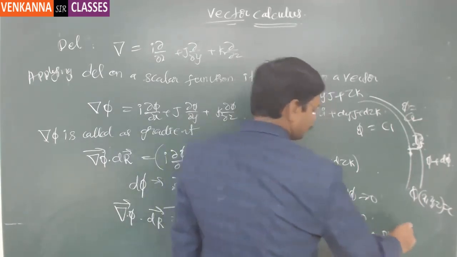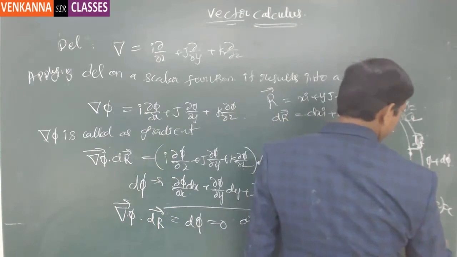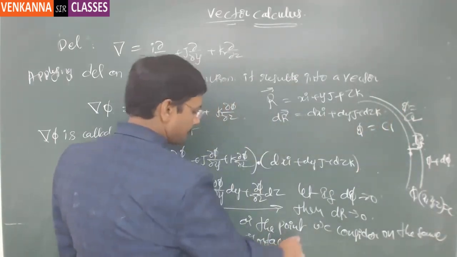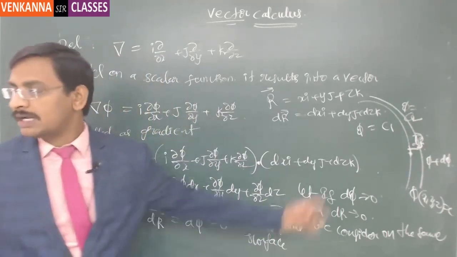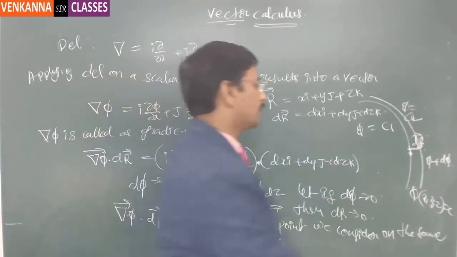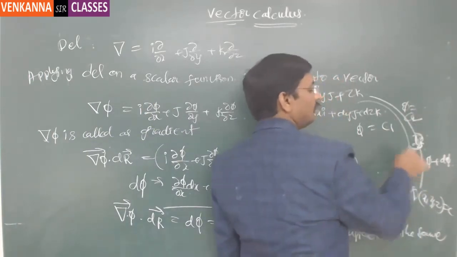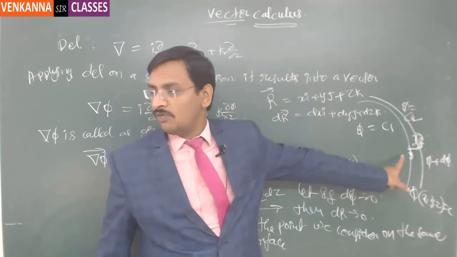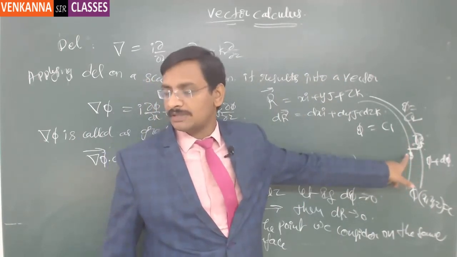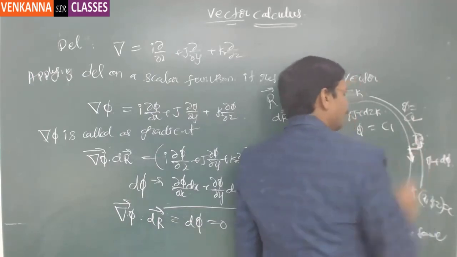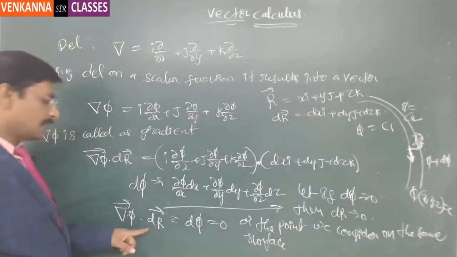Del phi dot dr is equal to d phi, which is equal to 0, as we are on the same surface. If you consider the very next point on the same surface, with dr also tending to 0, then the dot product with the dr direction is coming out to be 0.